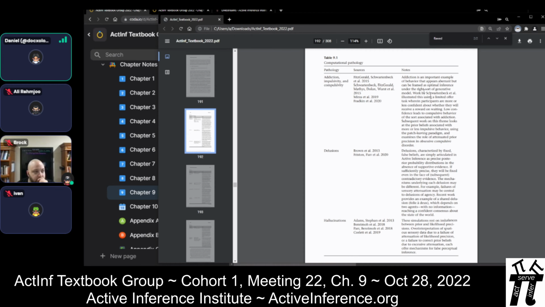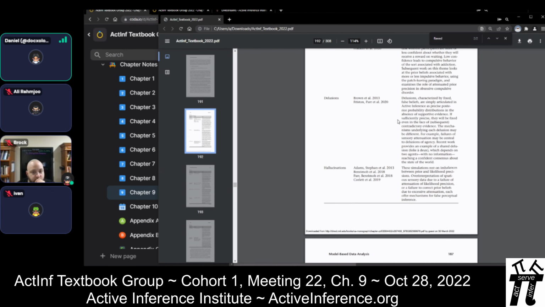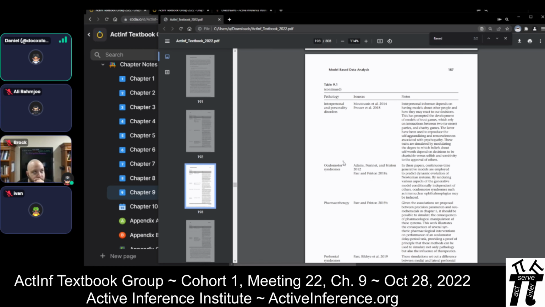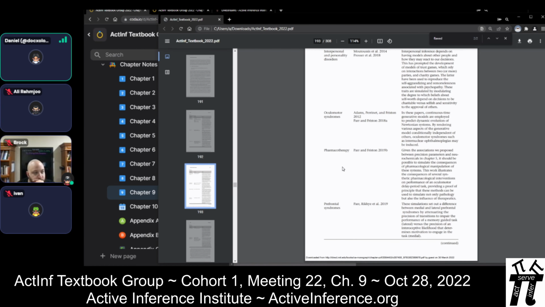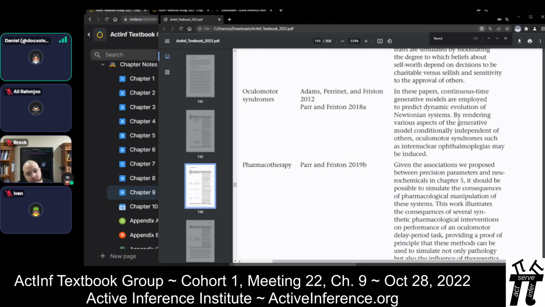These models have a cognitive structural hypothesis about the nature of these phenomena. Like the ocular motor syndromes, again, it's not just people with the diagnosis and without. It's a neurocognitive model of eye behavior. And then explanations can be made from clinical data by rendering various aspects of the generative model conditionally independent of others.